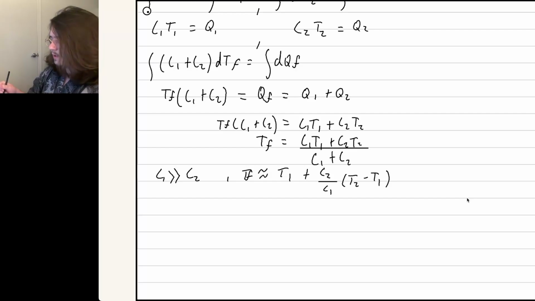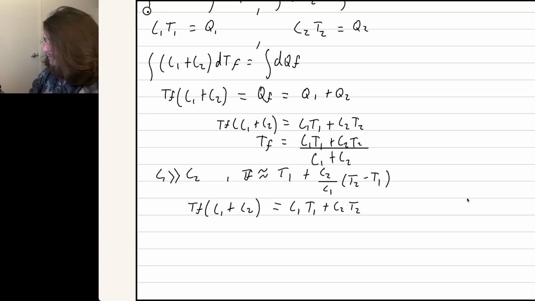To do that, we have to go back a step in algebra. So we're looking at this equation, TF times C1 plus C2 is equal to C1 T1 plus C2 T2.